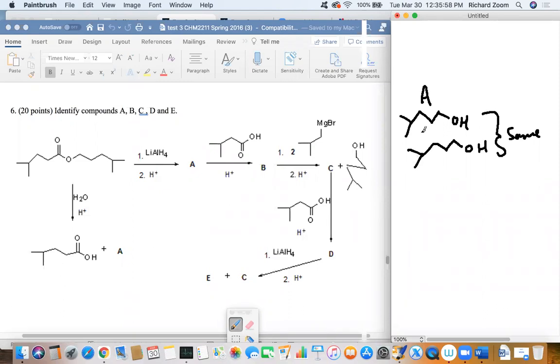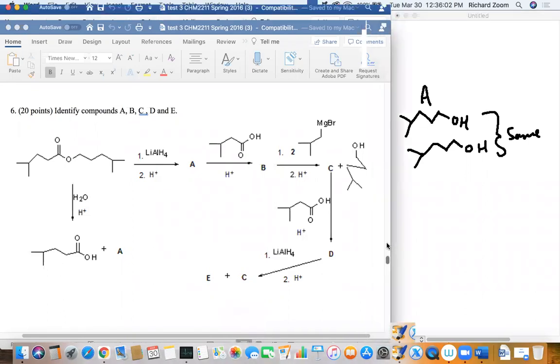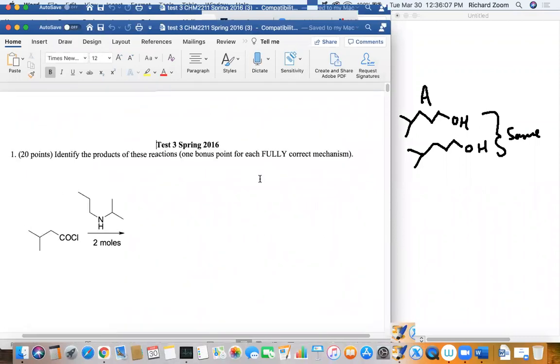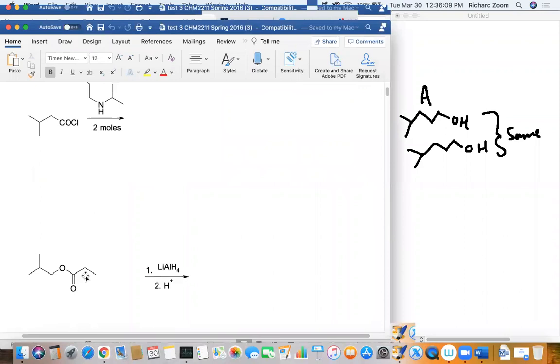All right, so how else might that be helpful to you? Well, if you go back to question 1, you see there's this reaction down here. If you know what A is here in the roadmap problem, or you can sort it out by doing a little bit of reverse engineering, then maybe that helps you get the answer in question 1 if you couldn't remember exactly what that gave you.